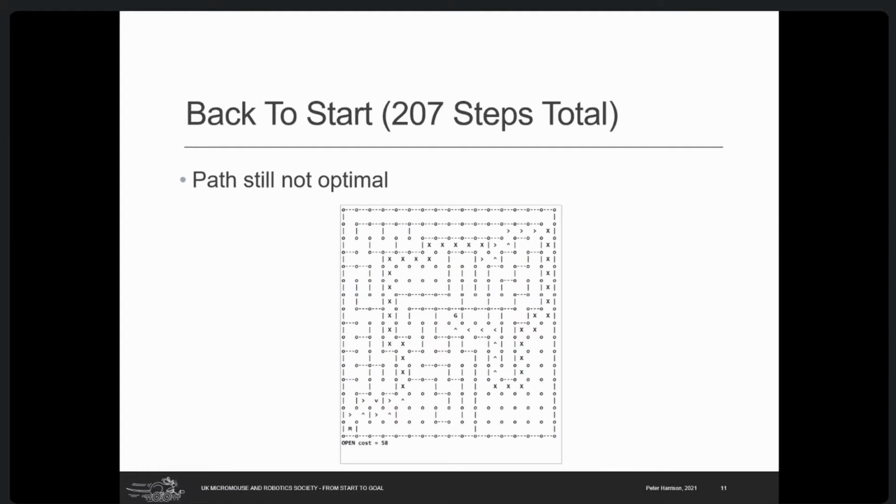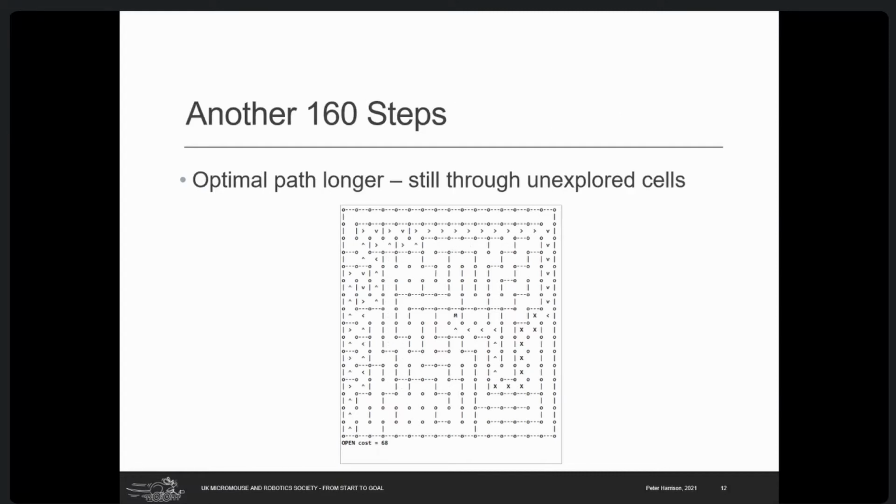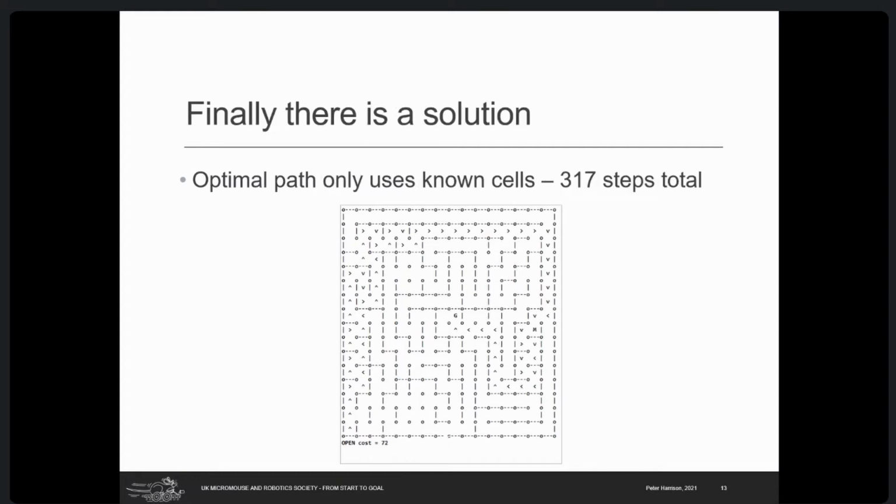Alternatively, you can carry on exploring back and forth from start to goal until you think you actually do have an optimal route. It takes, in this maze, for this algorithm, a further 160 steps to go out and back, and you still have a non-optimal route. To keep going back and forth until you get an optimal route takes 317 steps in total, which is an awful lot of wandering about.